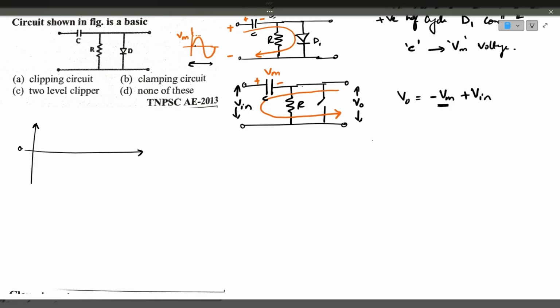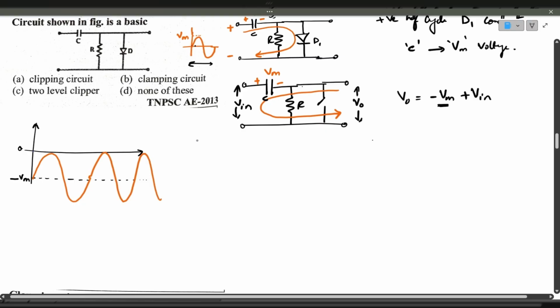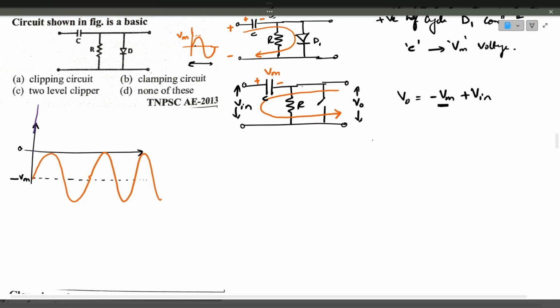This is the zero base. You are shifting this zero base to minus Vm. Now this will be the new base voltage, minus Vm plus Vin. On that the Vin starts. The sinusoidal waveform originally, which is on the zero bias, has shifted to minus Vm bias.